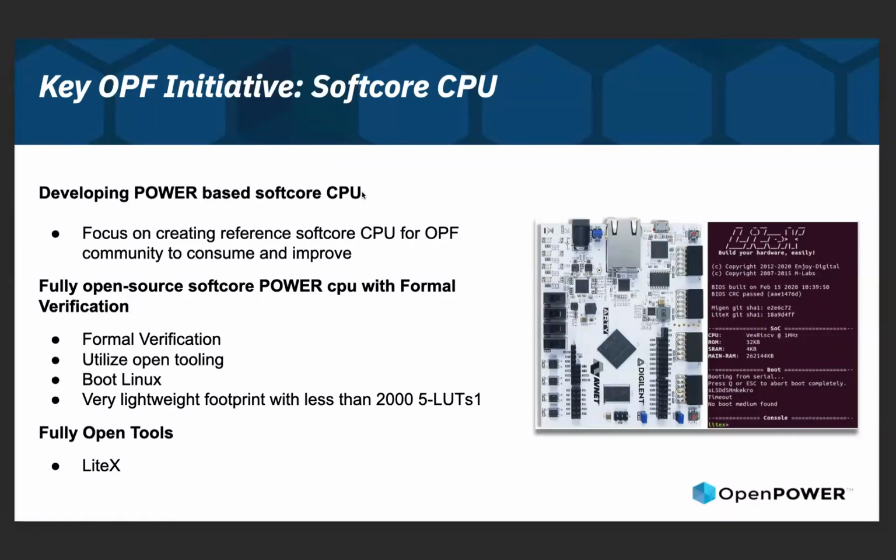But it's really focused on lightweight, high performance, and showcasing just how small you can actually get a Power processor that is performant. And again, we're using all kinds of fully open source tooling, and we're booting full Linux and doing all kinds of great things where you can actually take this and incorporate it in your designs.